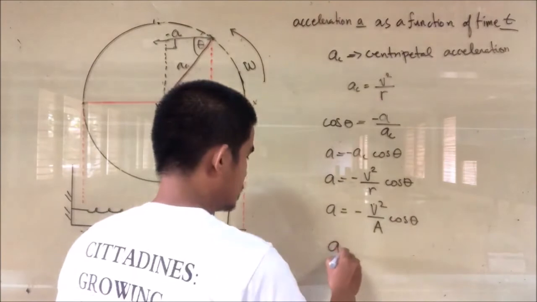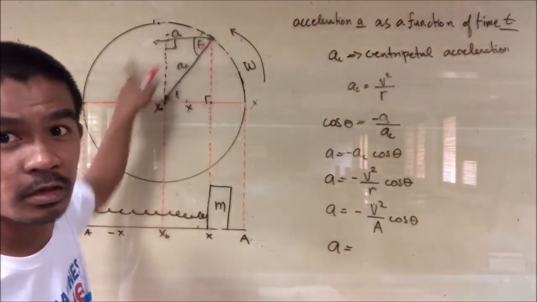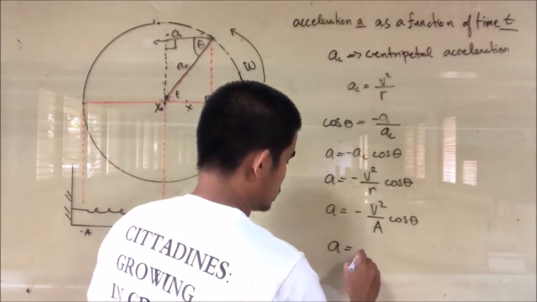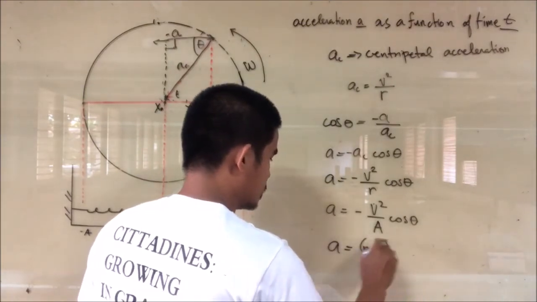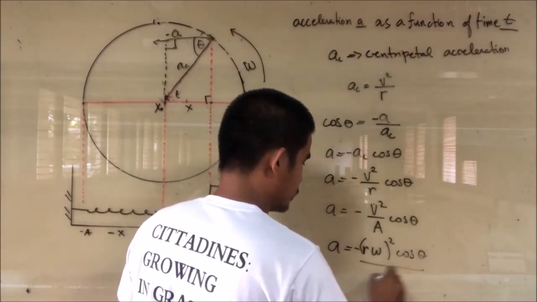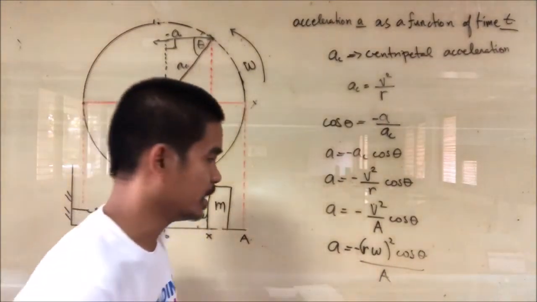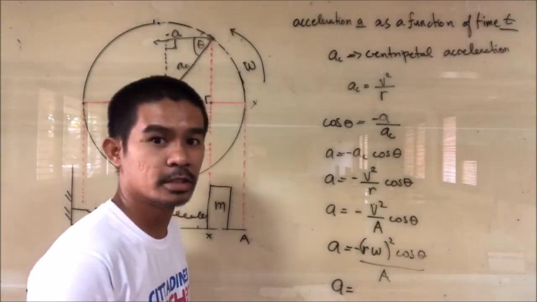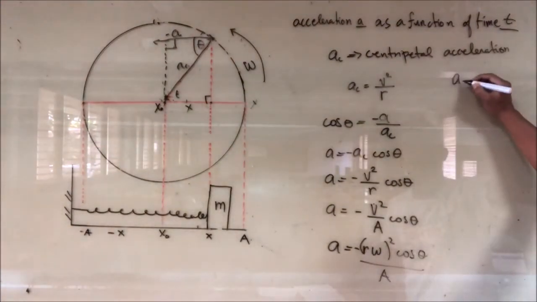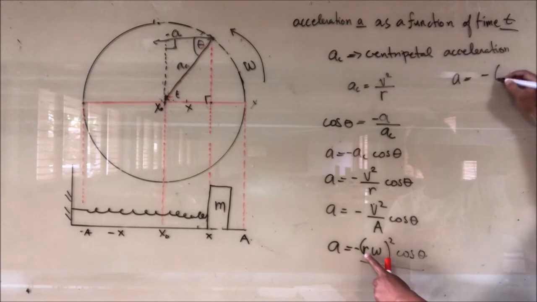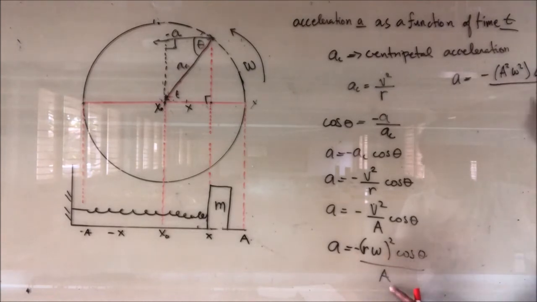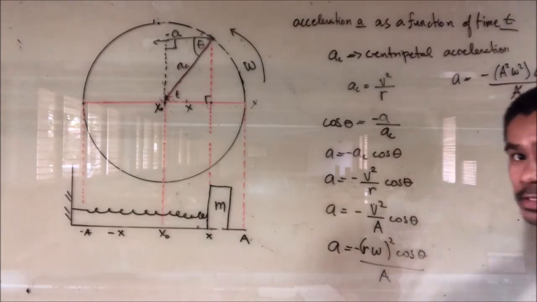Since the speed of this object is constant, it is A omega. So v squared is A squared omega squared, cosine theta, over A. So the acceleration equals negative A squared omega squared cosine theta over A. I can cancel A and this one.